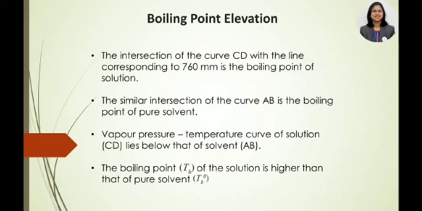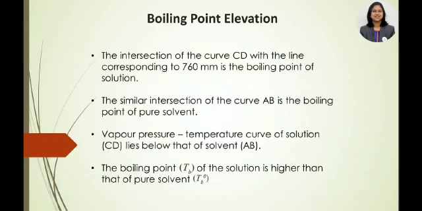The intersection of the curve CD with the line corresponding to 760 mm is the boiling point of the solution. The similar intersection of the curve AB is the boiling point of the pure solvent.